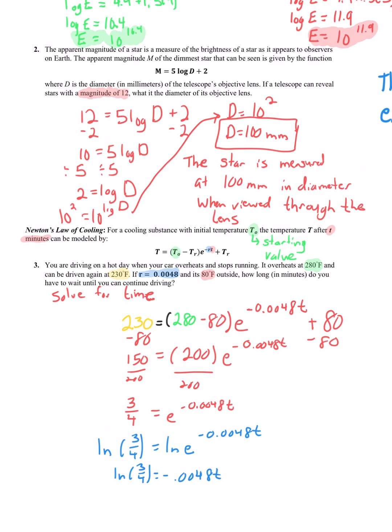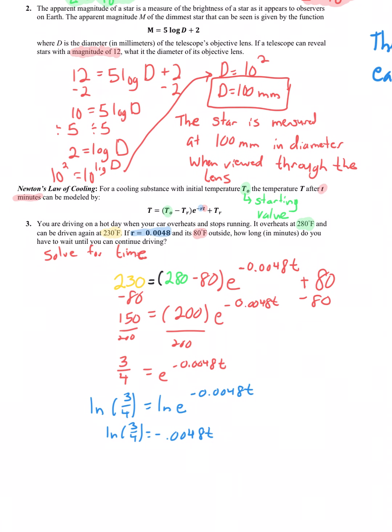The natural log and e go away, and I can just put the natural log of 3/4 into my calculator, and divide both sides by this negative 0.0048. I don't have my calculator on me right now, so I'm just going to leave it like that.